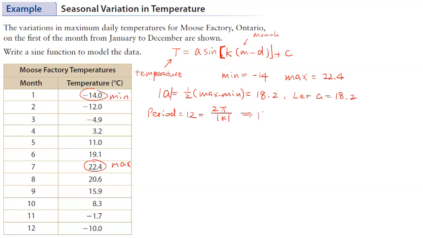That gives us the absolute value of k equals pi over 6. So we can just let k be positive pi over 6 in order to achieve simplification.